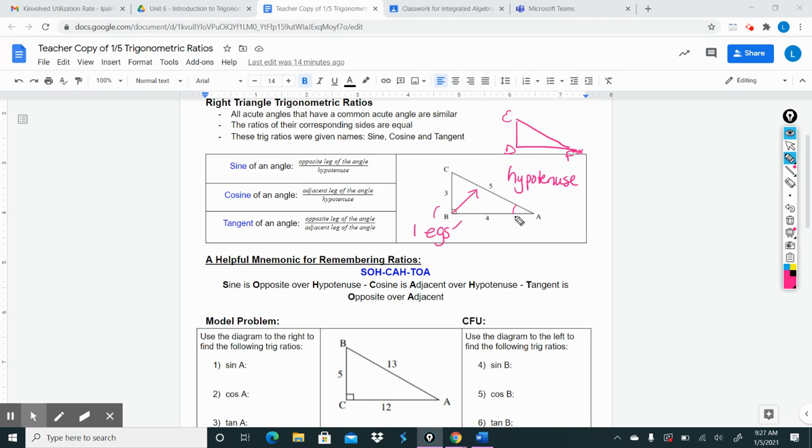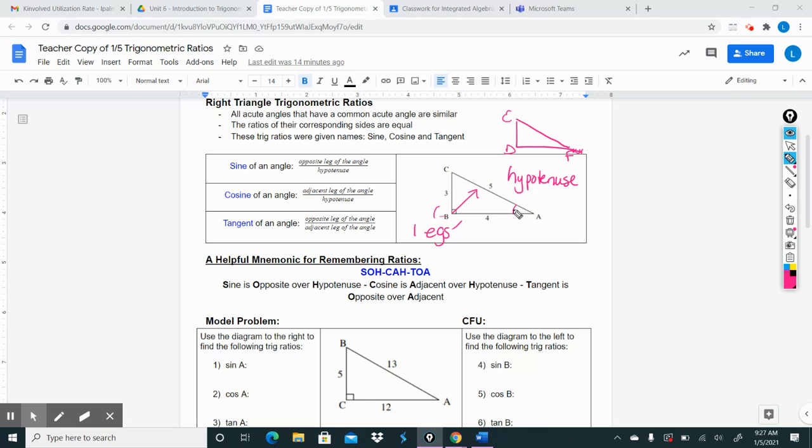For angle A, the sine of that angle is the opposite leg, which is 3, divided by the hypotenuse, which is 5. So the sine of A is 3 over 5. Cosine is the adjacent leg divided by the hypotenuse. The hypotenuse stays the same at 5, and adjacent means next to. The side next to angle A is 4, which is side AB.